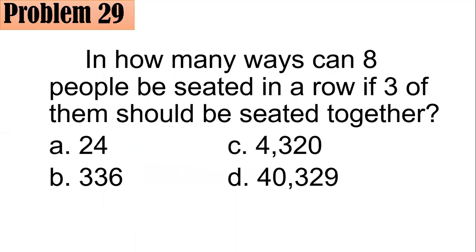Okay, let's have a statistics question, a combinatorics question. In how many ways can 8 people be seated in a row? Of course, it's understood that there are 8 chairs. If 3 of them should be seated together, meaning the 3 of them insisted that they appear consecutively in a row.